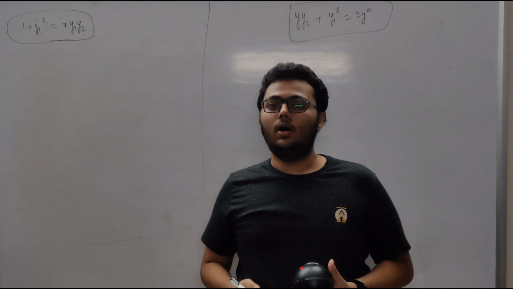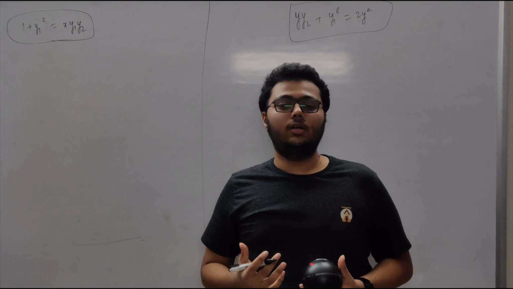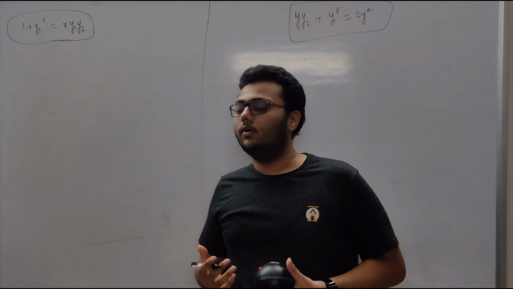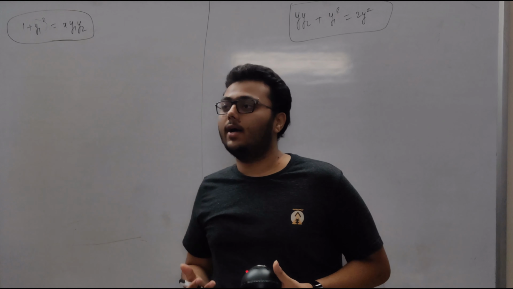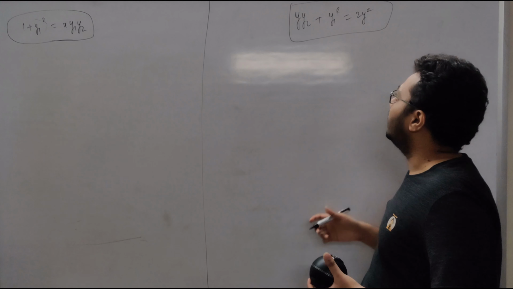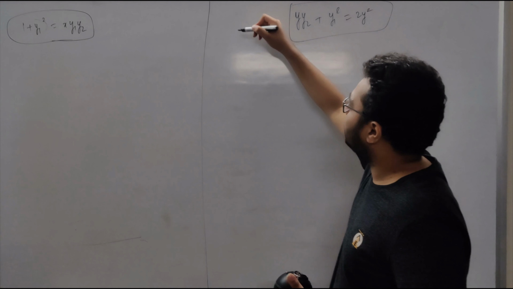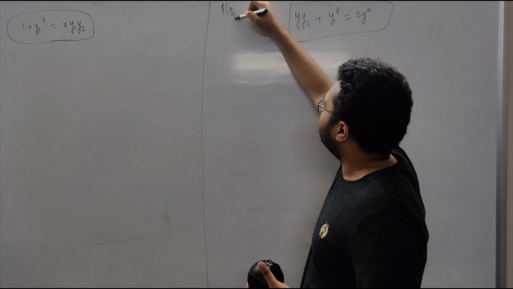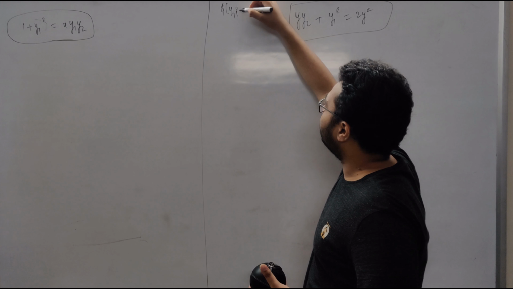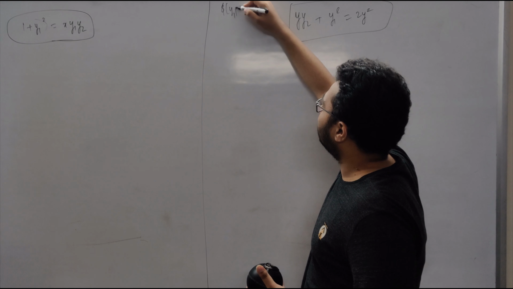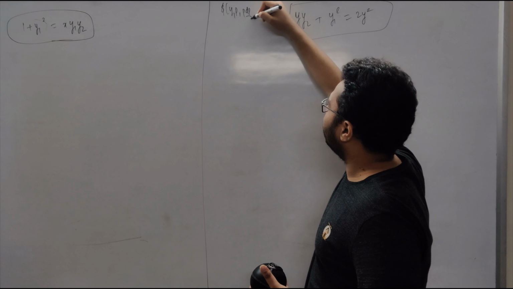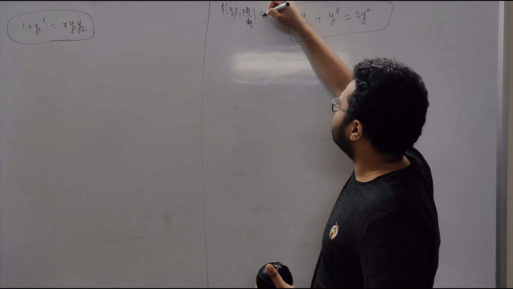Okay, so let's have a look at both the examples of both the types I just showed. This is of the type phi of y, p, p dp by dy equals 0.